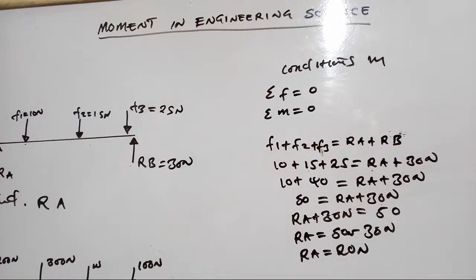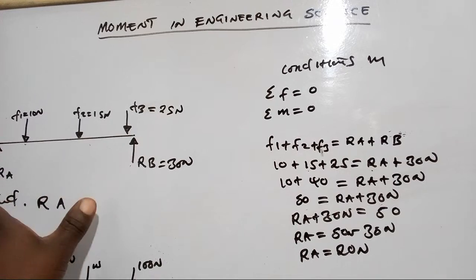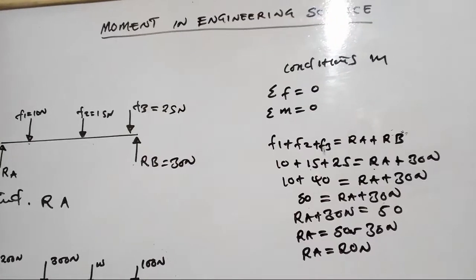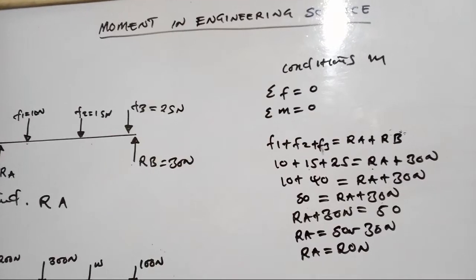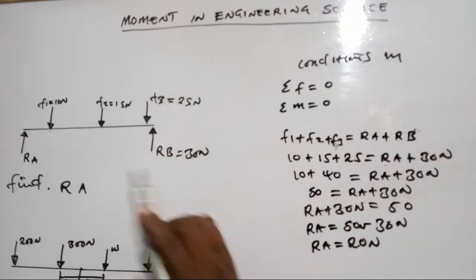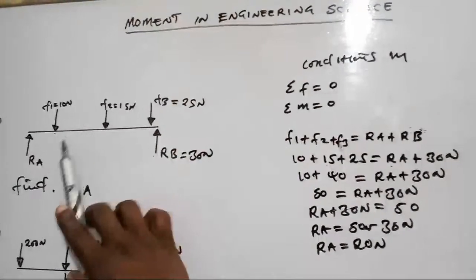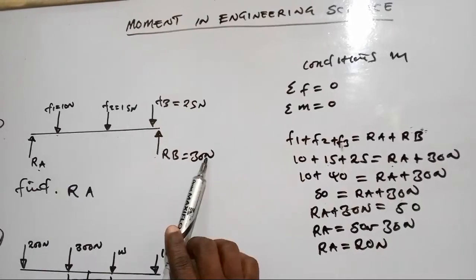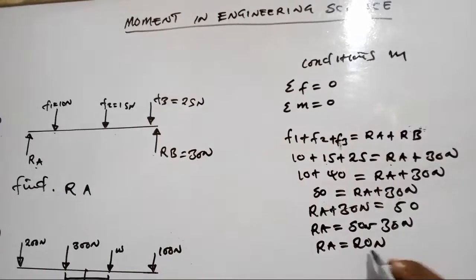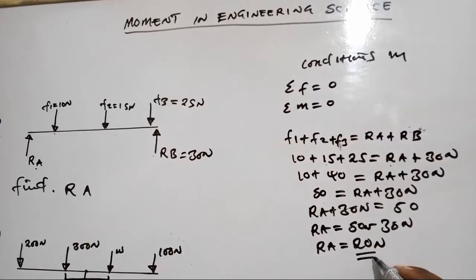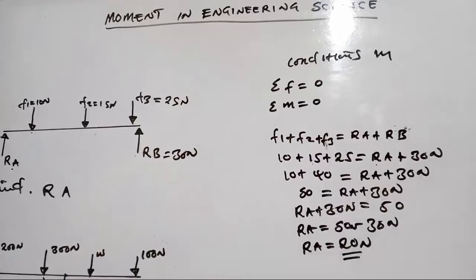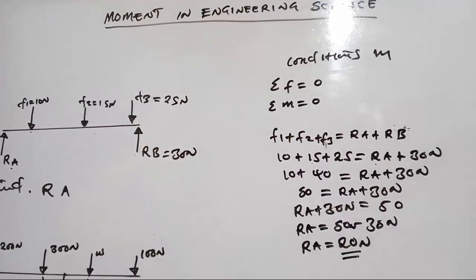So for this beam to be balanced, that means here there's 20 and here there's 30. Okay, this is how we find the forces acting on a certain object.